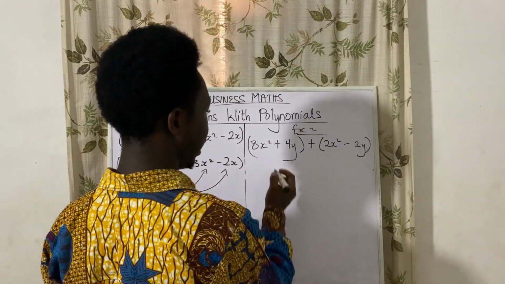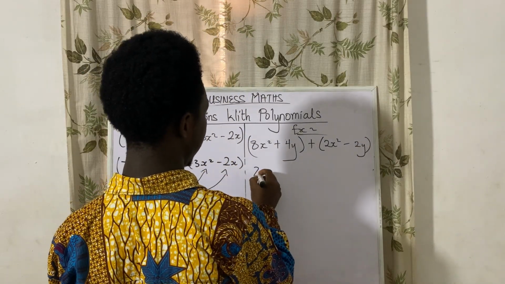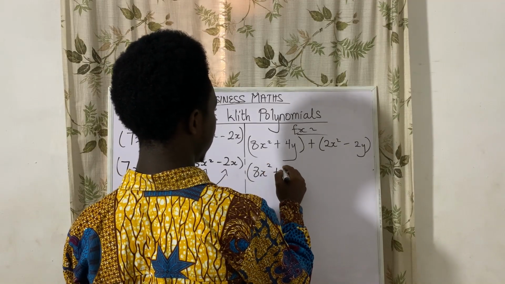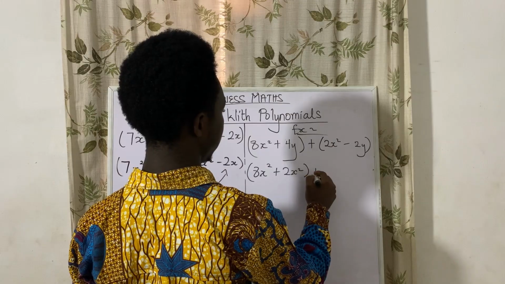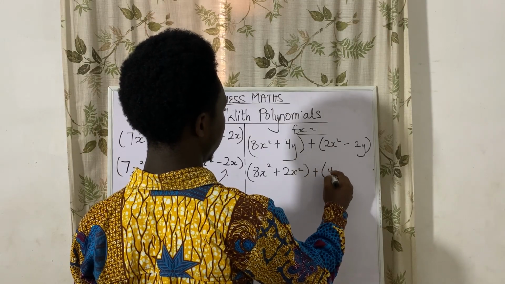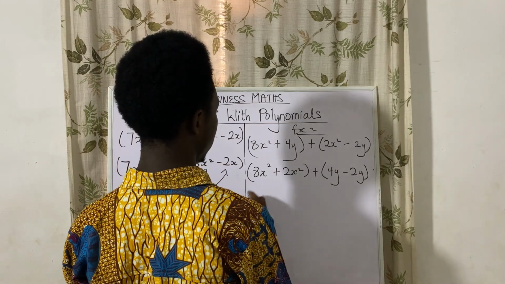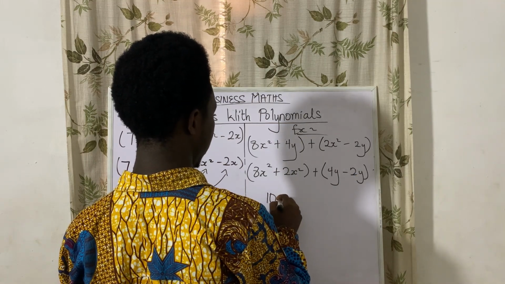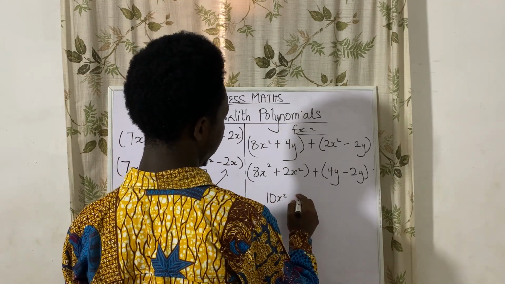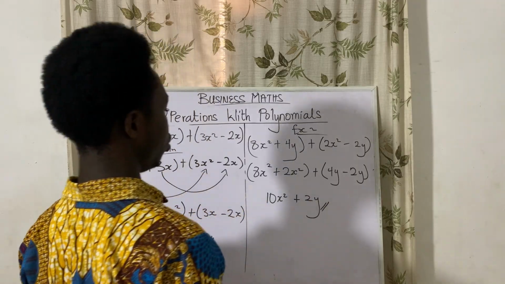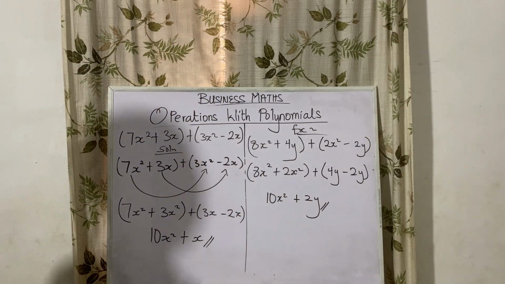So now we group like terms because we have like terms here. So 8x squared plus 2x squared plus bracket 4y minus 2y. So we add this, you are going to get 10x squared, then plus what? 2y. So this is going to be our final answer.